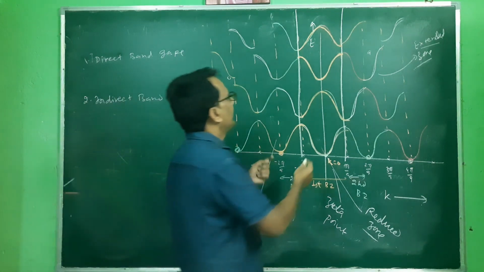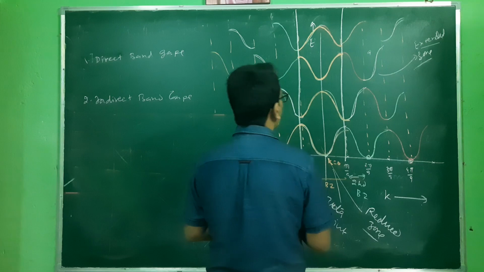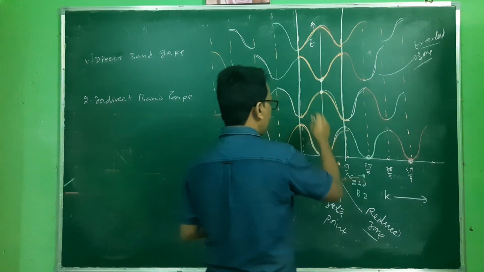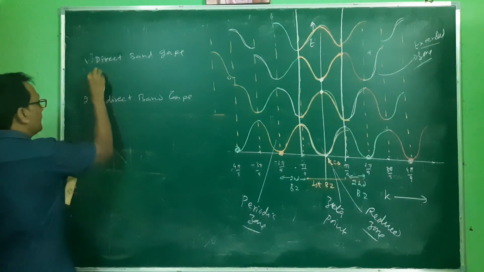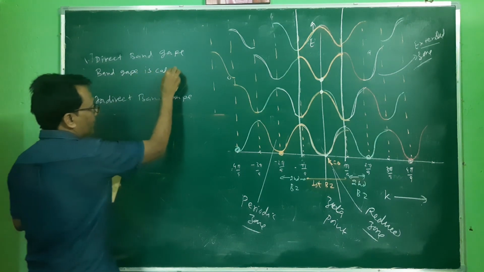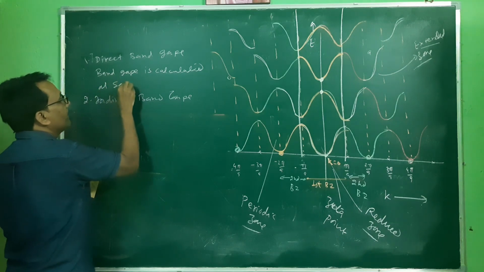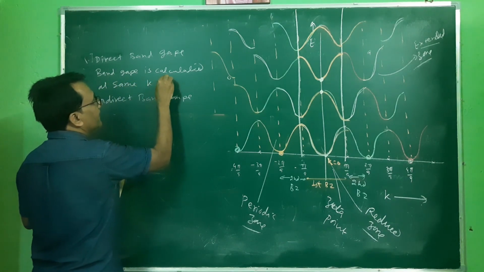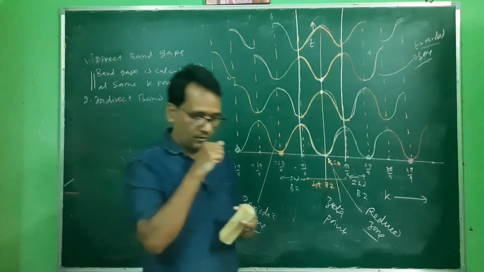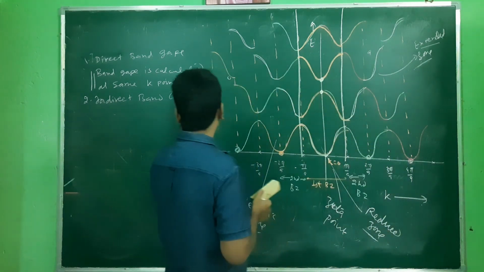In this diagram, when we talk about the center one, and the band gap is taken between two points at the same K point, when the band gap is calculated at the same K point, then those types of materials are known as direct band gap materials.